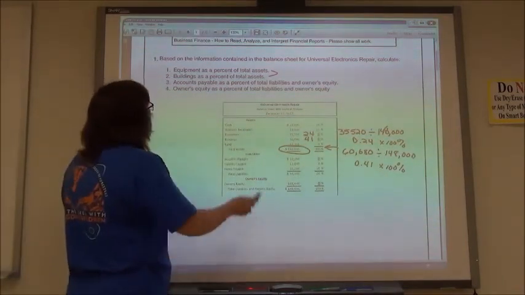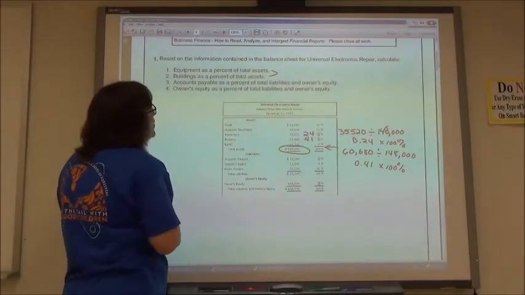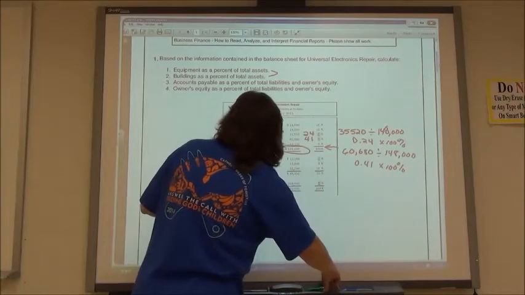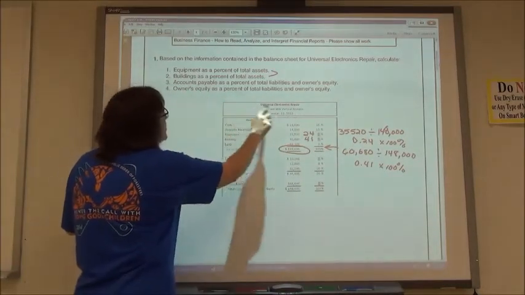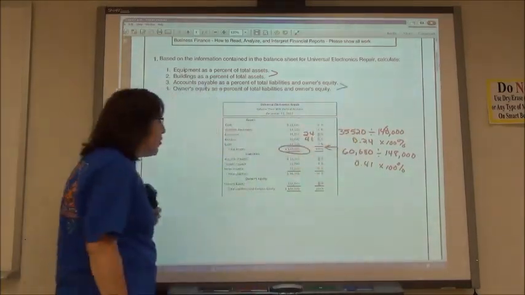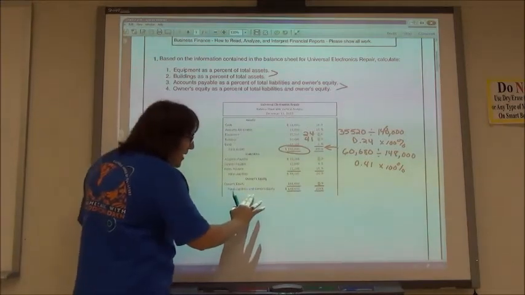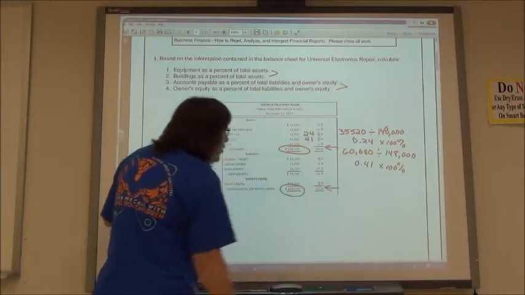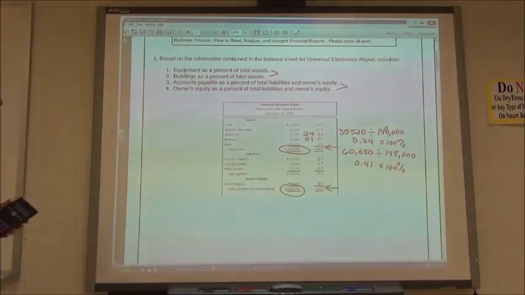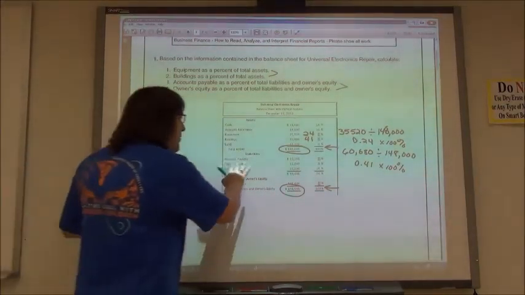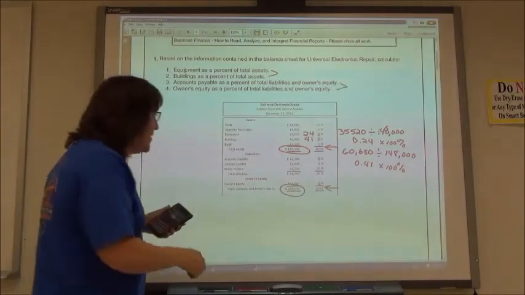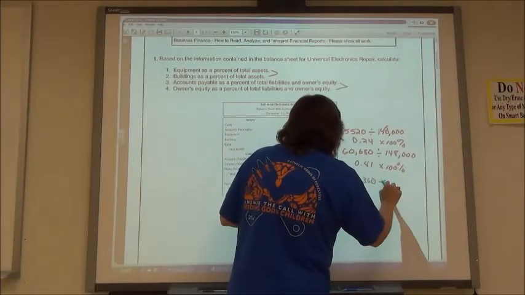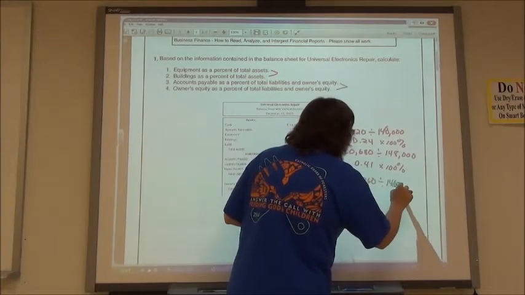Now we want to calculate the accounts payable as a percent of the total liabilities and owner's equity, and the owner's equity as a percent of the total liabilities and owner's equity. So total liabilities and owner's equity is down here. Again, notice there's 100% next to it. So if I'm doing my accounts payable, I'm going to take the 10,360 divided by that 148,000.